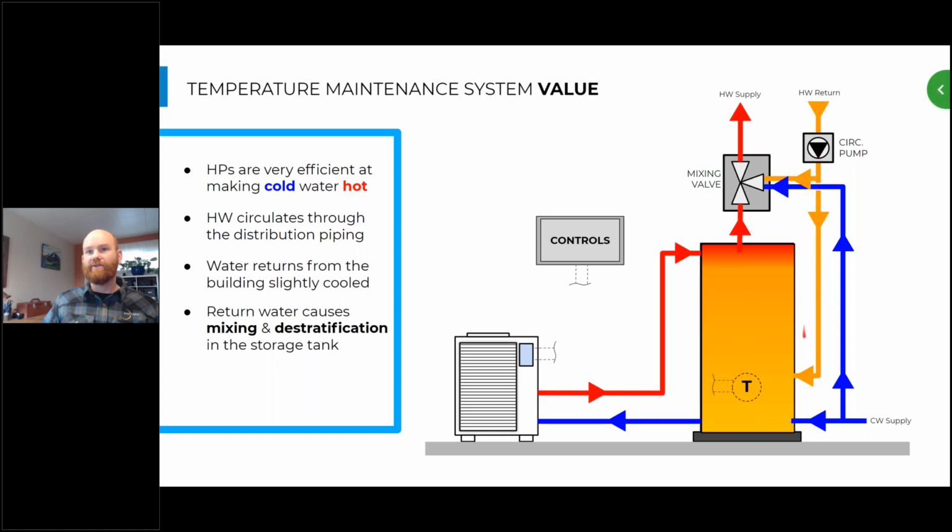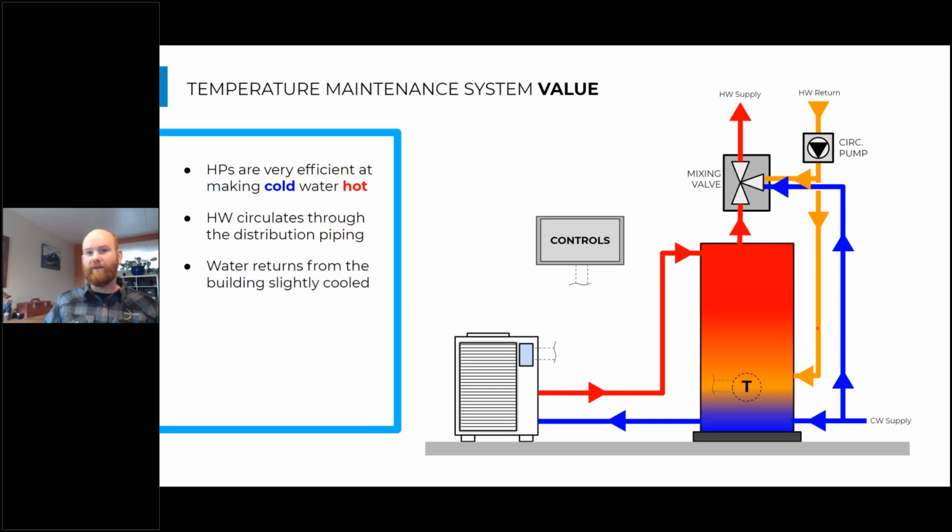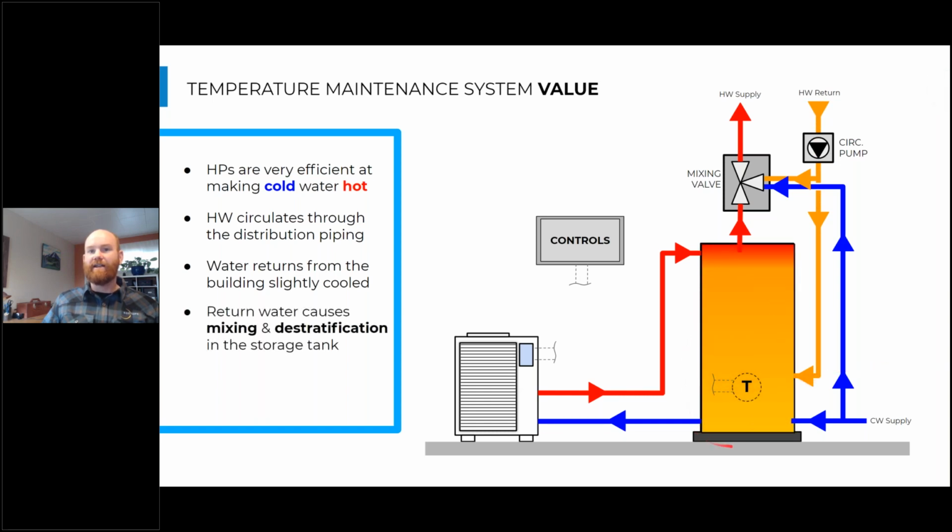So here I'm showing it turn from our very well stratified tank, with cold blue water at the bottom, a thin transitional layer, and then heated water at or above temperature at the top. When we take 110-degree water back from our return circulation system, that's going to mix that tank up and put a lot of 110-degree water in it.